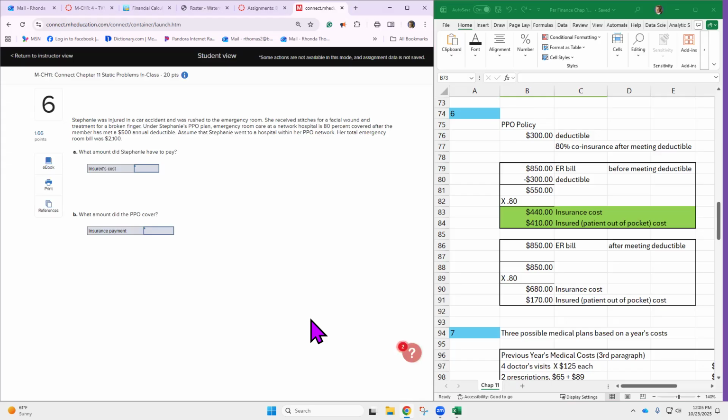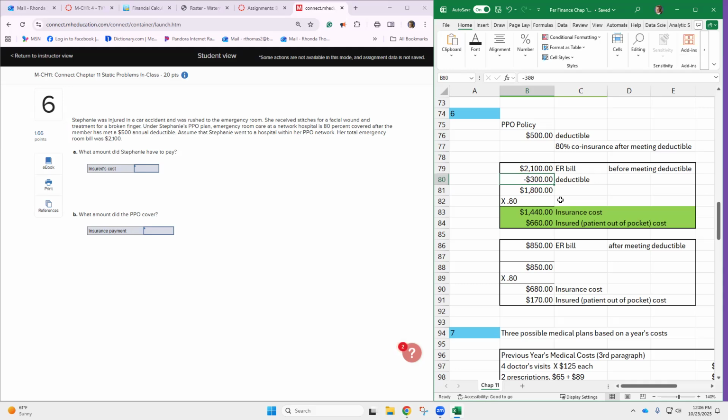All right, so she has a $500 deductible, and then it'll pay 80%. So I've got to change my deductible to $500 from the last time. Our ER bill is $2,100.